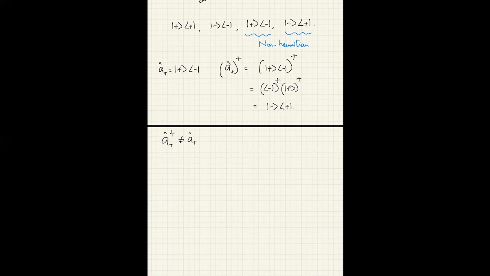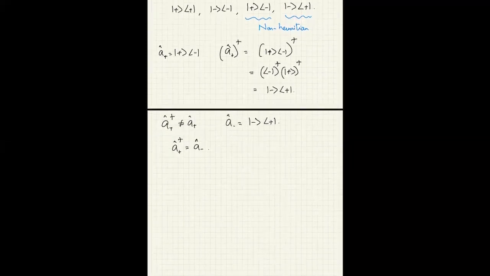In fact, if I define A minus to be the other one, |-><+|, you can verify that A plus dagger is A minus and vice versa. A minus dagger is A plus. But even though A plus and A minus are not Hermitian operators, I can construct a Hermitian operator out of them. How will I do that?